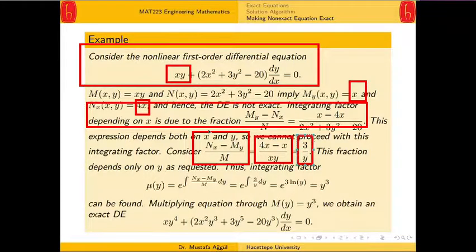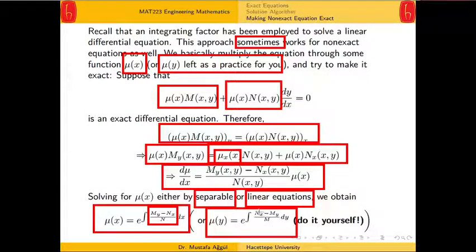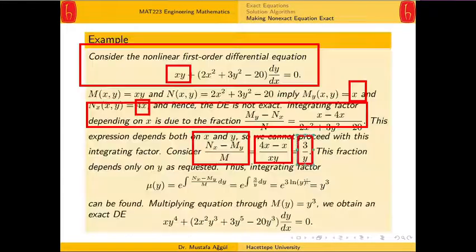We take the integral of that fraction and put it on the exponent. So the integrating factor is e to the integral of 3 over y dy, and this will be e to the 3 ln of absolute value of y. The 3 goes on top as a power, so it will be y cubed, because e to the ln cancel out.